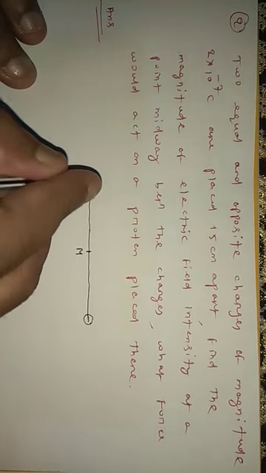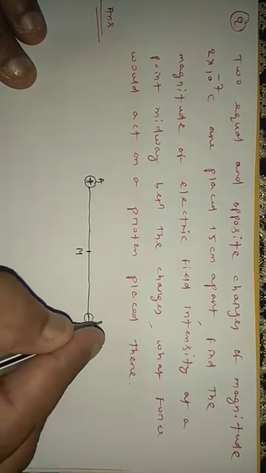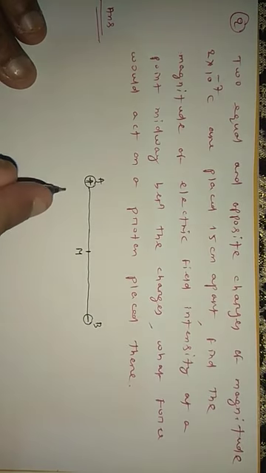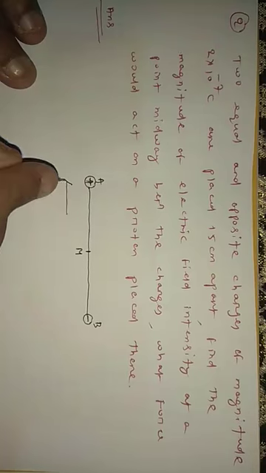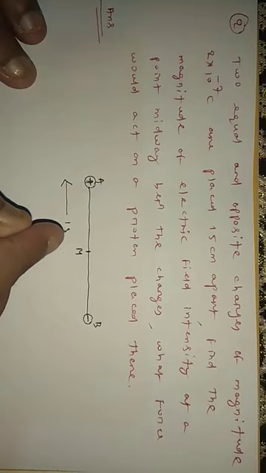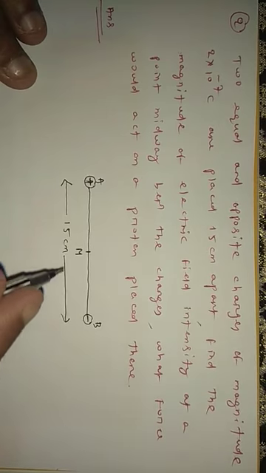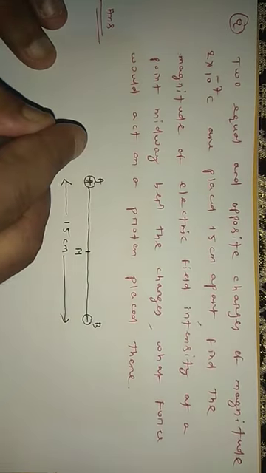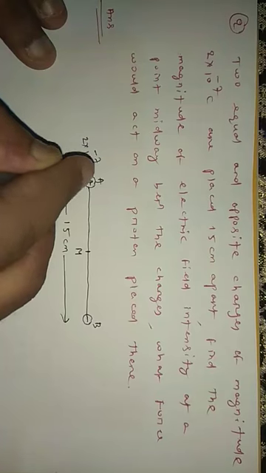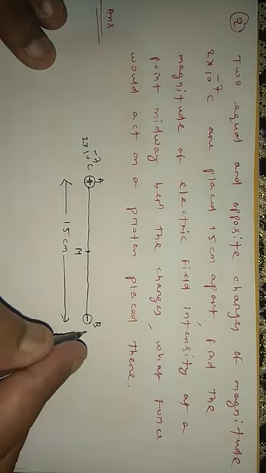This is point A and this is point B. Two into 10⁻⁷ Coulomb.